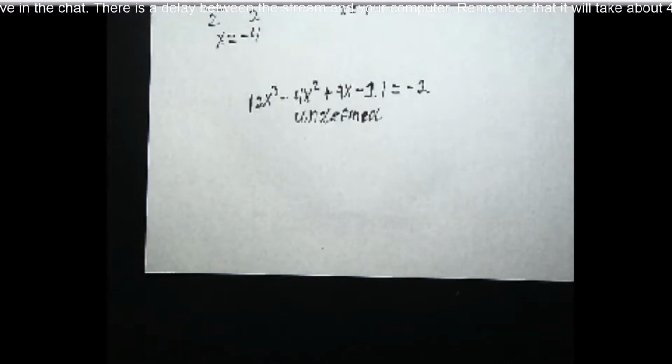So, if you see an absolute value that is equal to a negative number, you should immediately say, nope, can't do that, undefined. There are no answers that will work for this.